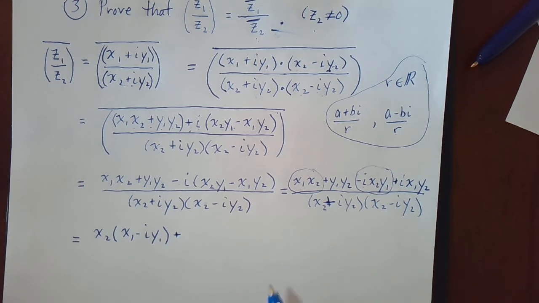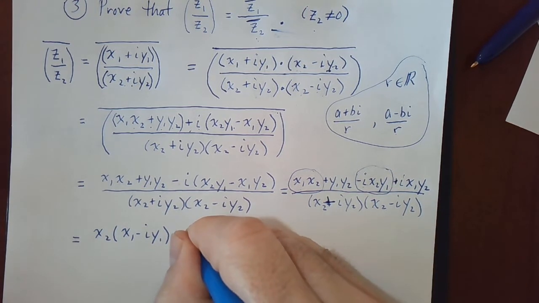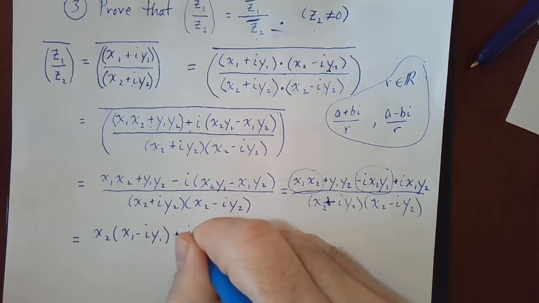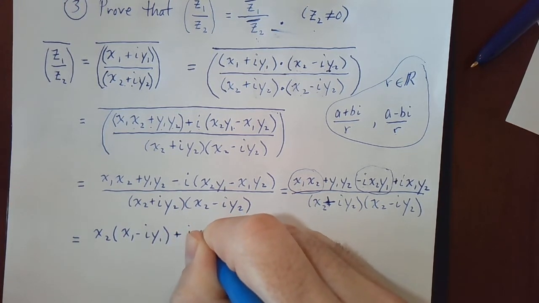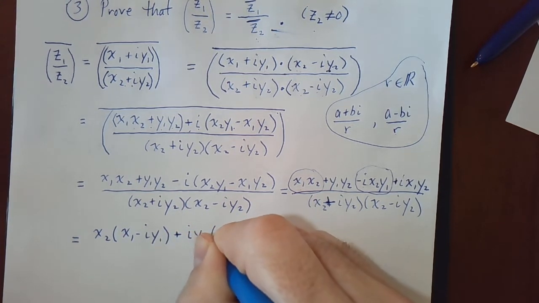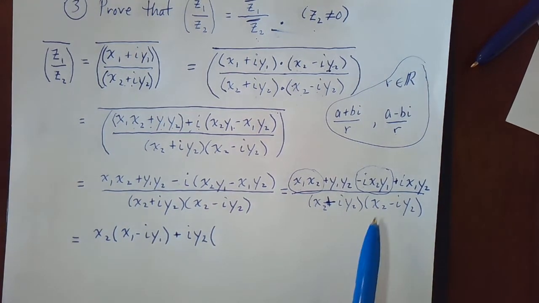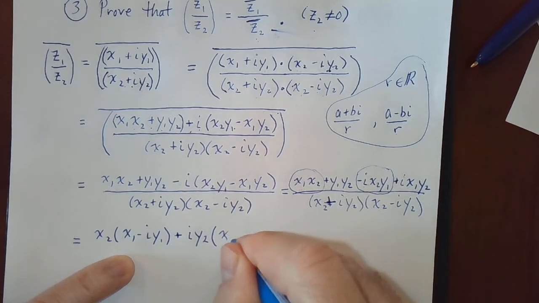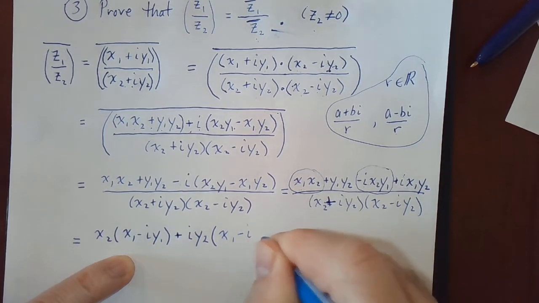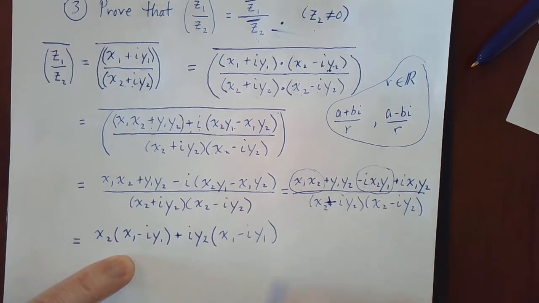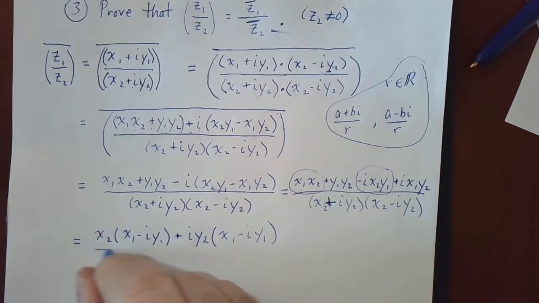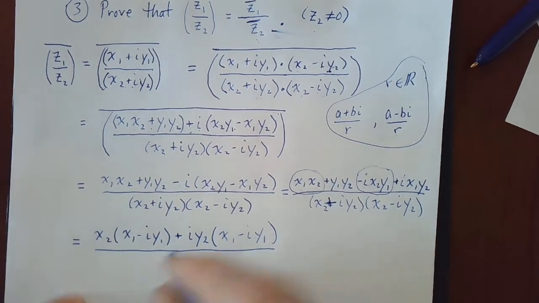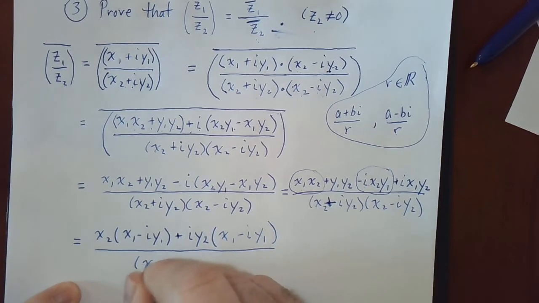I am going to pull out i y2. And you'll see, this will be easy to test in just a minute. I'm going to get this same expression right here, x1 minus i y1. We'll double check that in a minute. Let me write down the denominator.